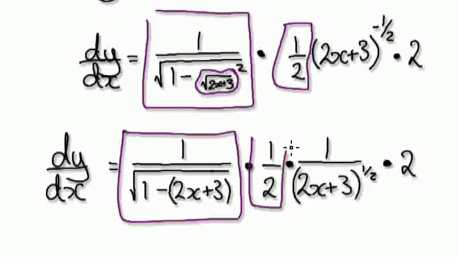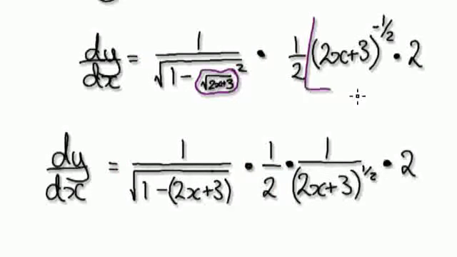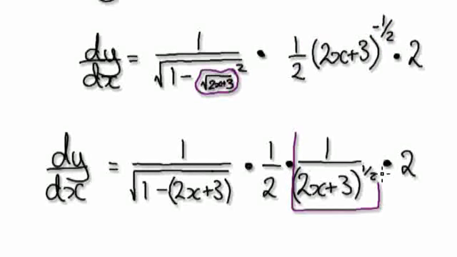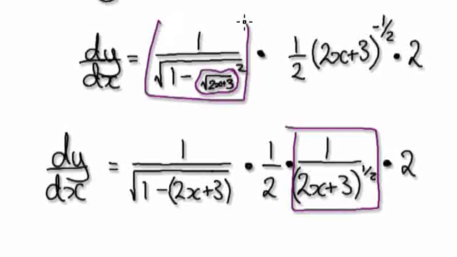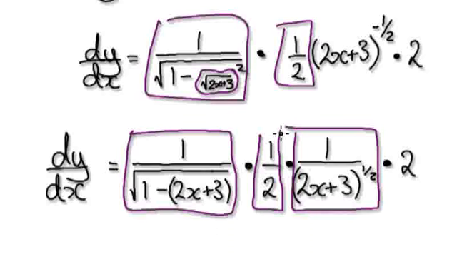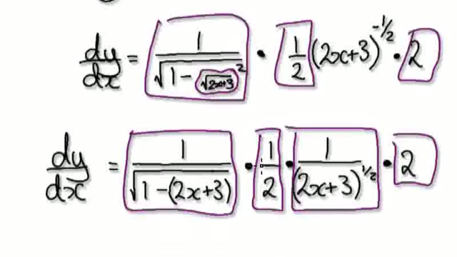In your mind, you've got to visualize this fraction first, because powers are more important than multiplication. Then you multiply by a half, which is this half here, and then you multiply by the 2, which is this 2 here.